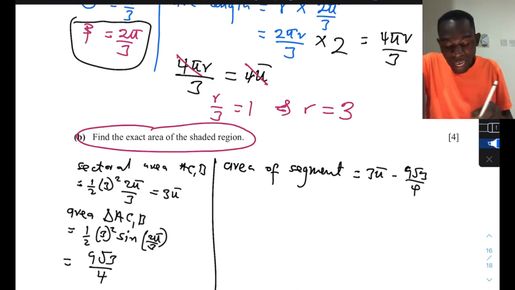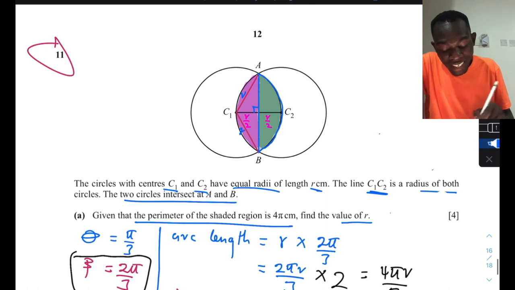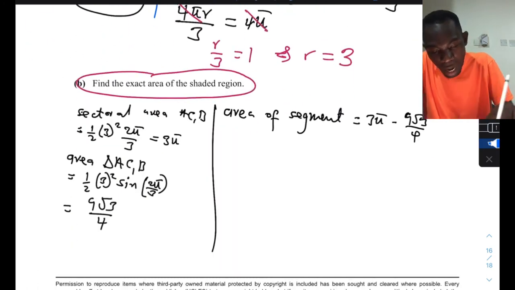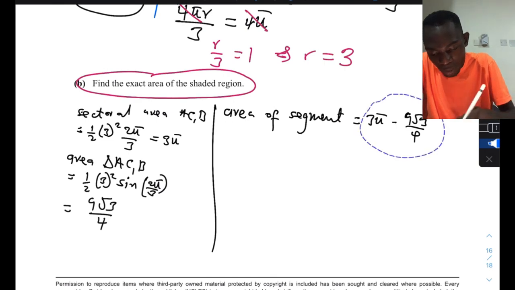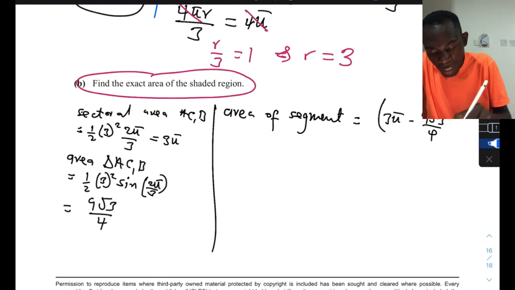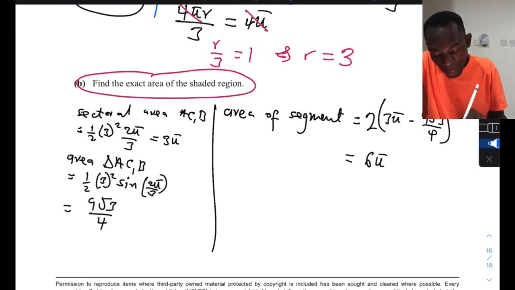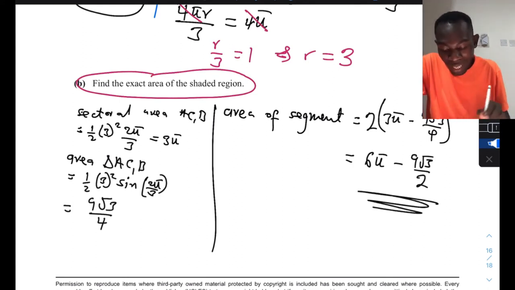Now the answer that we will get is the same for this place, so let's just multiply our result by 2. So I can copy this, shift it a little bit, and do all this times 2. If you like, you can write it as 6 pi minus 9√3 on 2. And this will be your final answer.